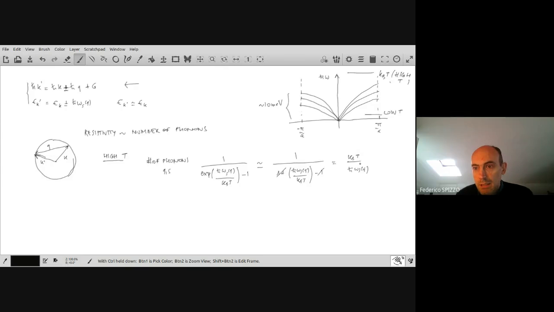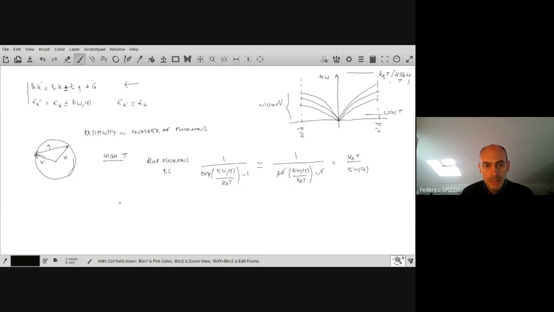And this is valid irrespective of the value of the energy that you have here. The energy is just a coefficient, because in this case we're supposed to work at a fixed value of Q and just let T change depending on the temperature of the system. So the number of phonons is proportional to T. If the number of phonons for any fixed Q and S parameters is proportional to T, then you expect the number of phonons is always proportional to T in the high temperature regime.